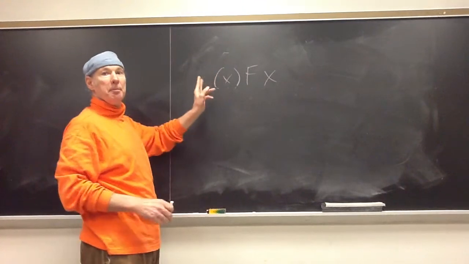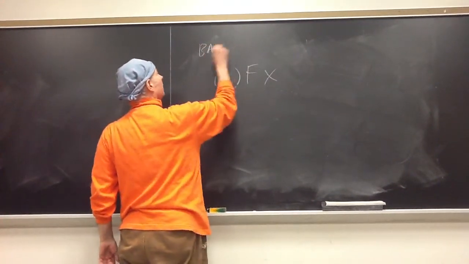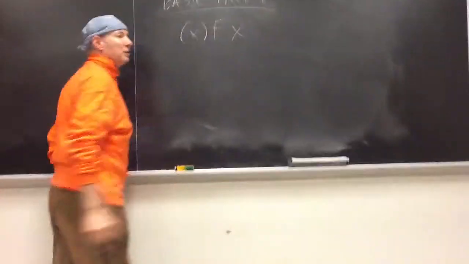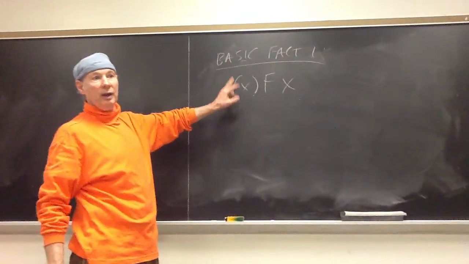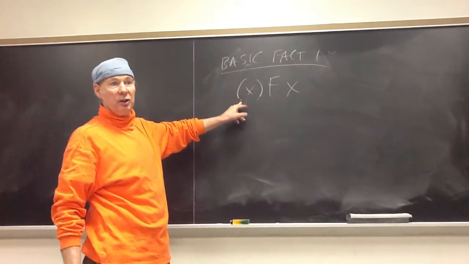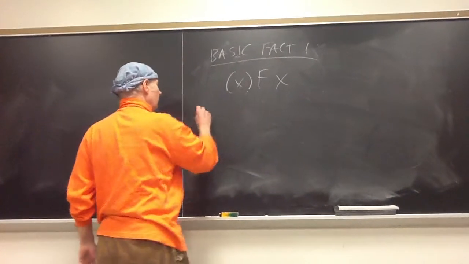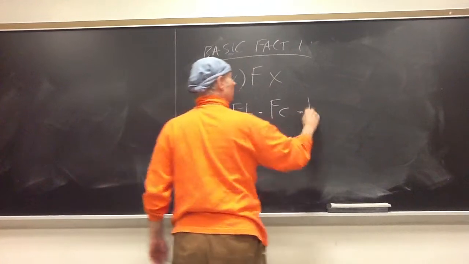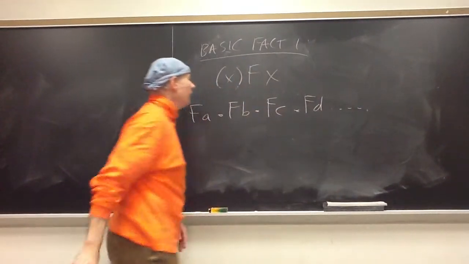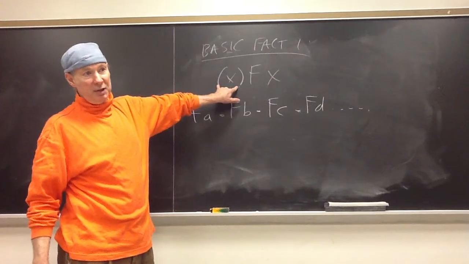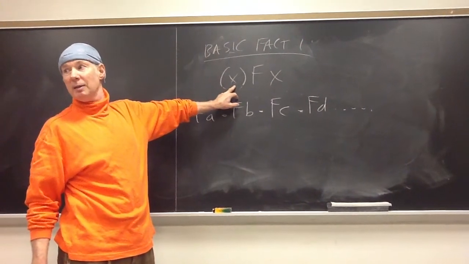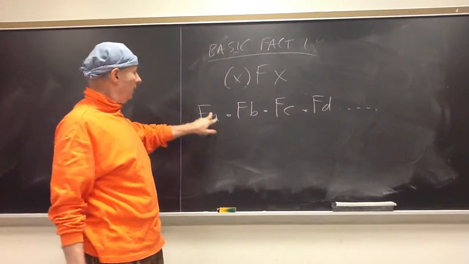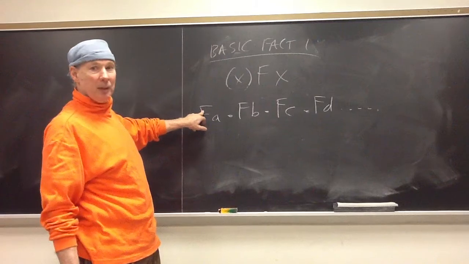So here's the basic fact 1 about quantifiers. This is about the universal quantifier. This is equivalent to the following. All of the objects in this domain, we can give them names. A, B, C, D. Remember, these are names, these are properties.